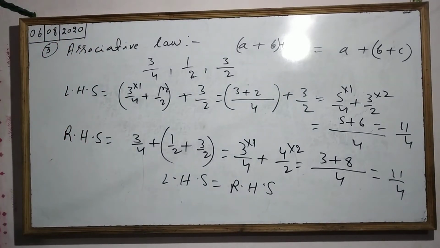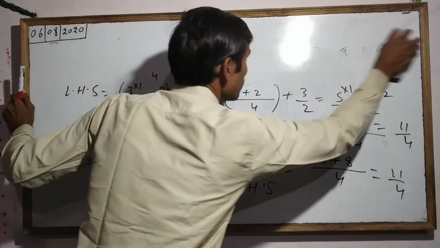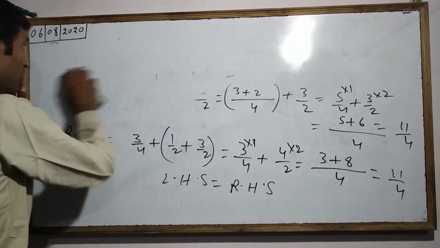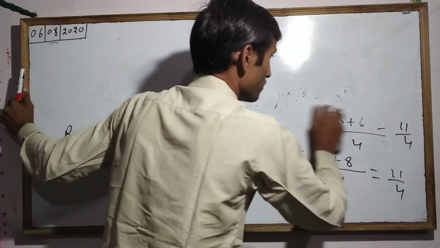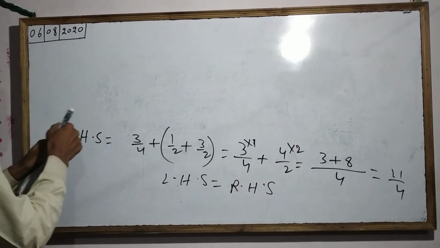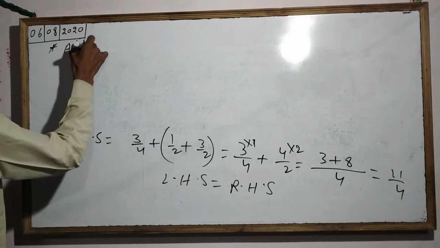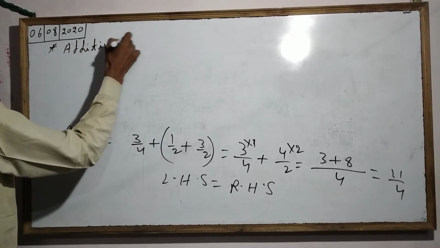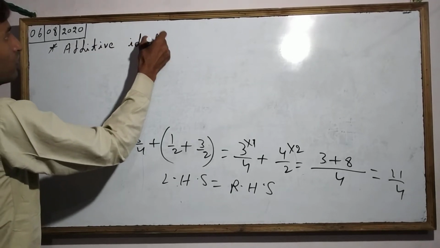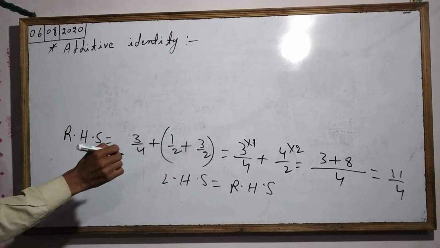Now our next property is additive identity for rational numbers.